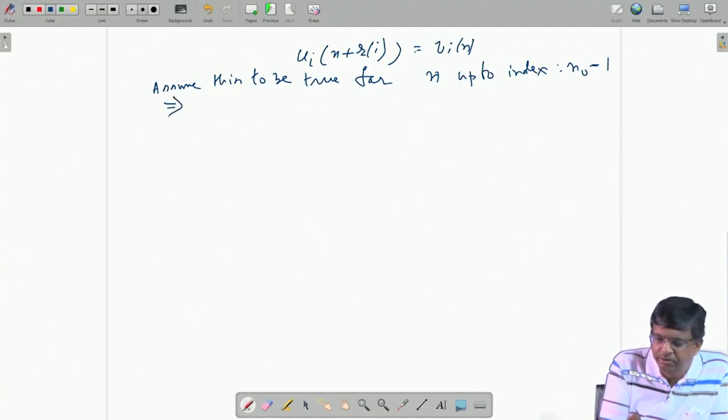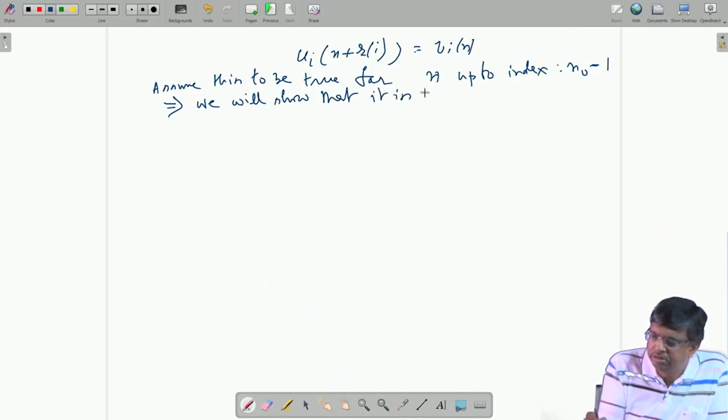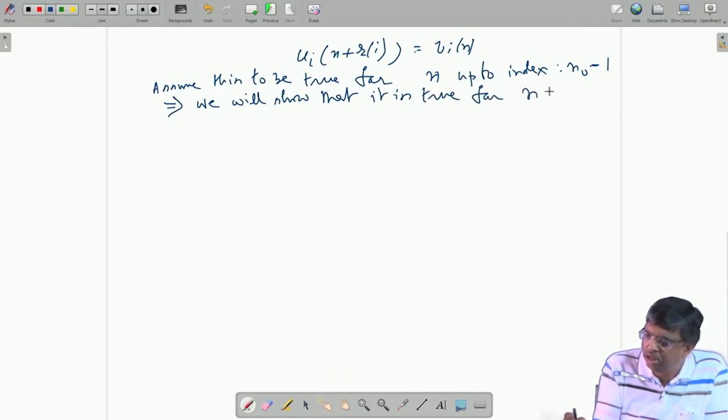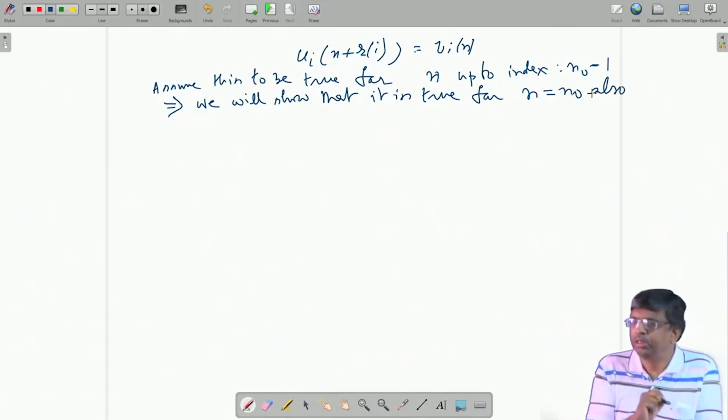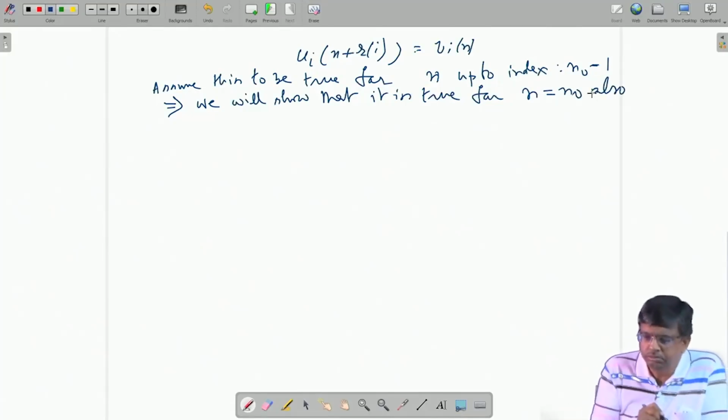Then we will show that it is true for n equal to n naught also.